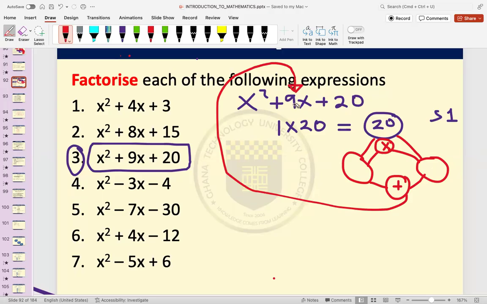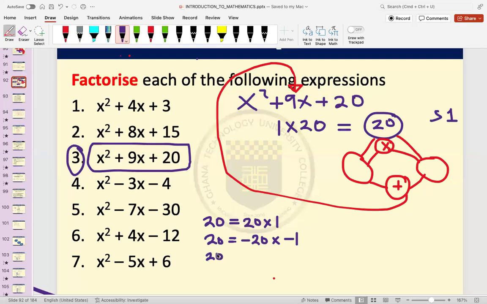We should be able to get 9 when we add the 2 numbers. So you vary your options and look for the numbers. And these are the options you can have. To get 20 is the same as multiplying 20 by 1. That will give you 20. Or you can multiply negative 20 by negative 1. That will also give you 20.